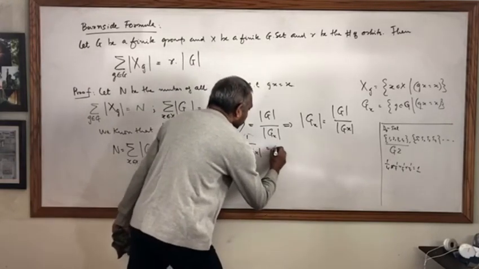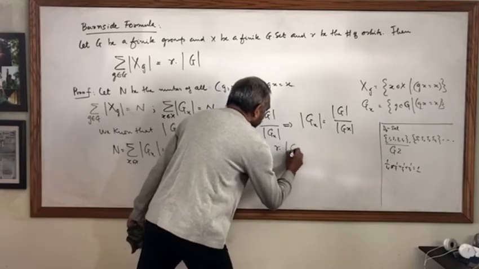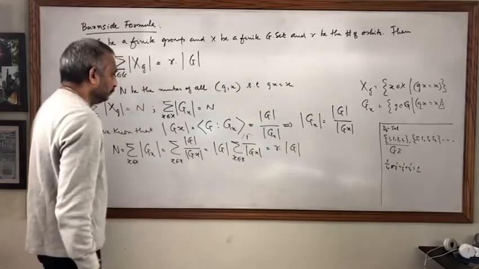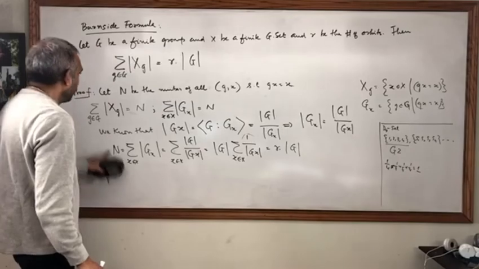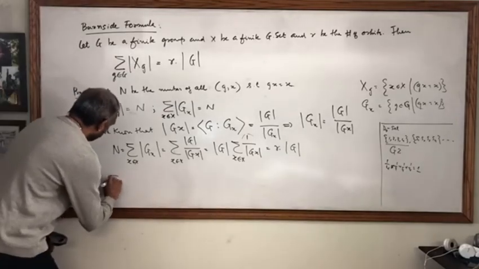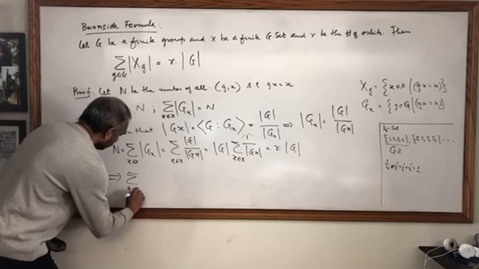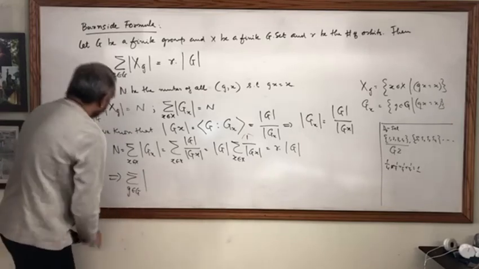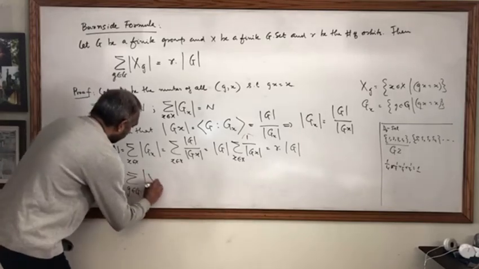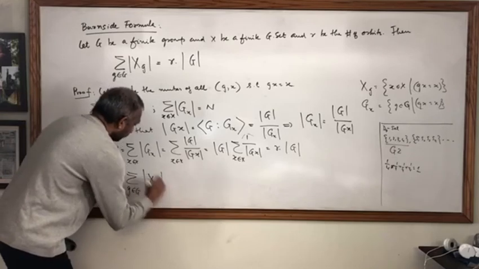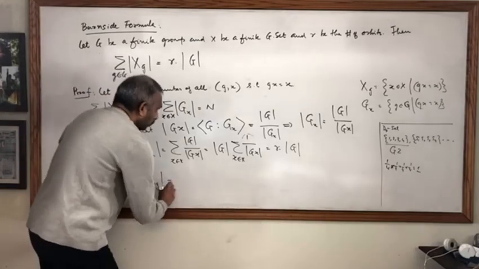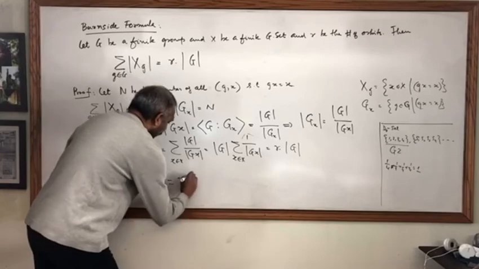So this will become r times |G|, and that is n. So that implies sigma over g belongs to G of the cardinality of the fixed set is equal to r times |G|.